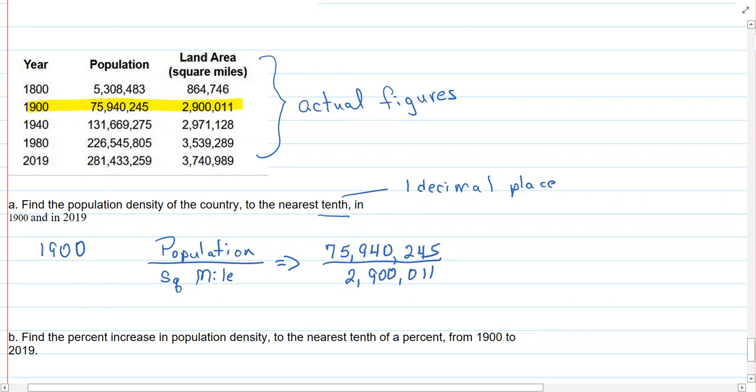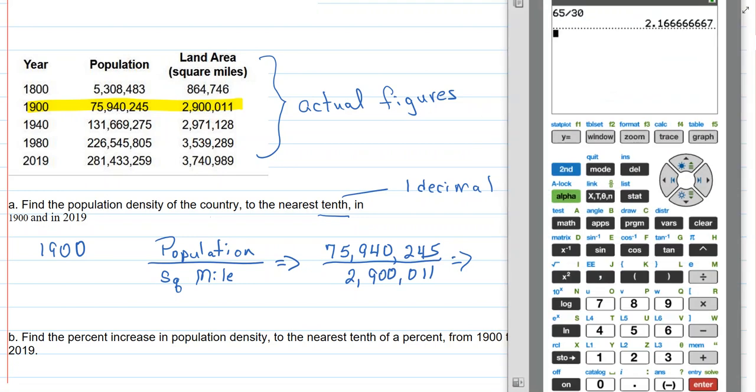And now we're going to do the math with the calculator and to the tenth. All right, so this will give us 1,940,245 divided by 2,911. Let me see if I have it all right. Enter.